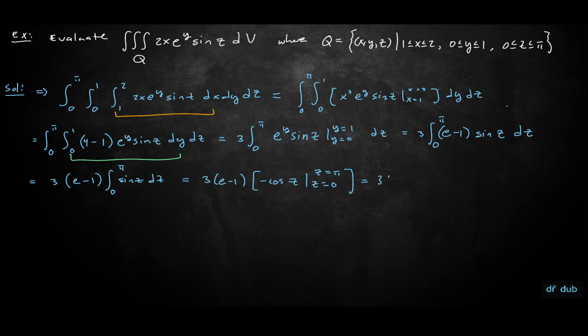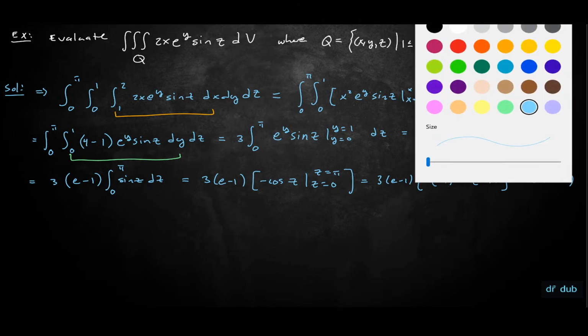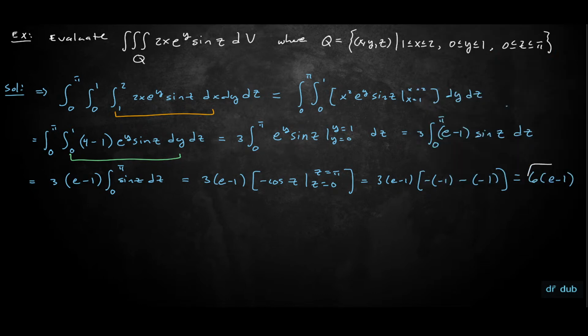So that's going to be 3 times e minus 1 times the negative of negative 1 minus negative 1, which is 2, so that's just 6 times e minus 1. And that's our answer. Any questions?